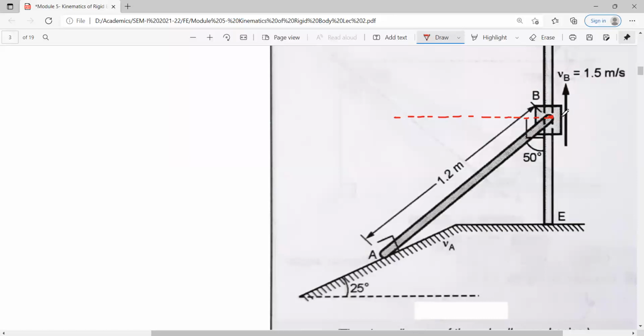This line is perpendicular to the velocity of point B.